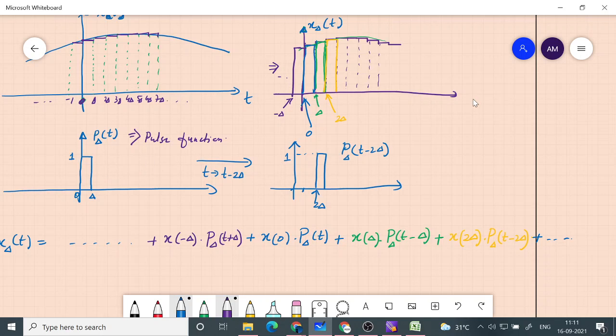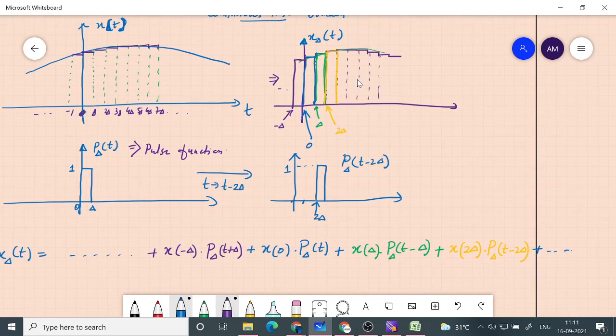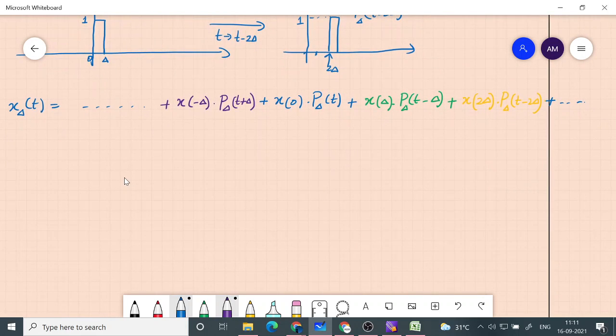So what are we doing? We are trying to write x delta of t, not x of t. We are trying x delta of t, which is the approximated function. So I can now use summation.